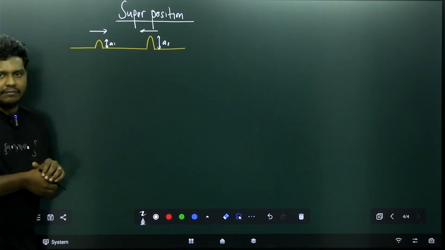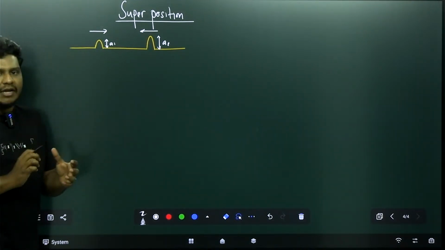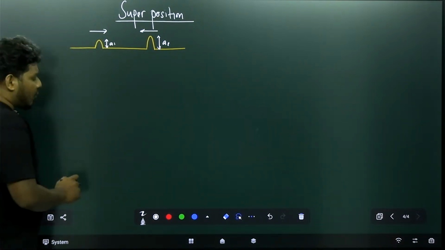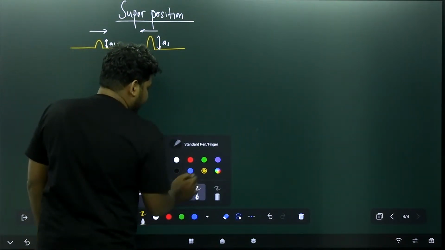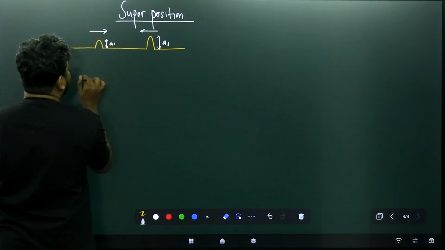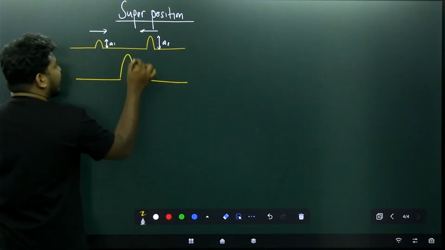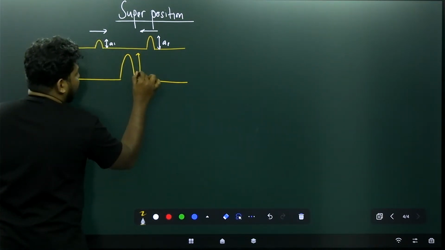When they are meeting, superposition happens. Superposition means both are meeting. When both of the waves are meeting, the resultant amplitude will look like this.